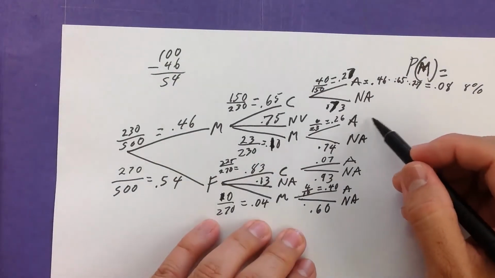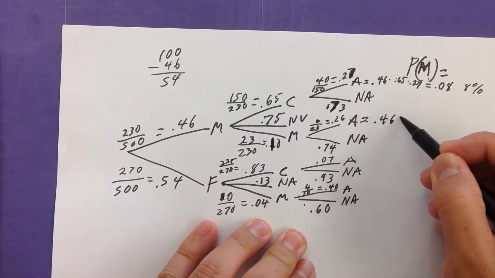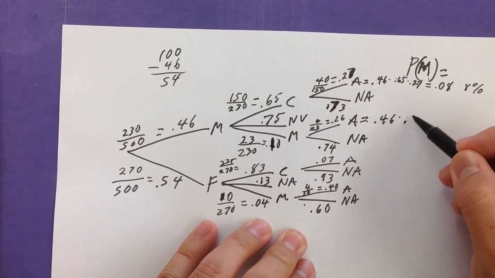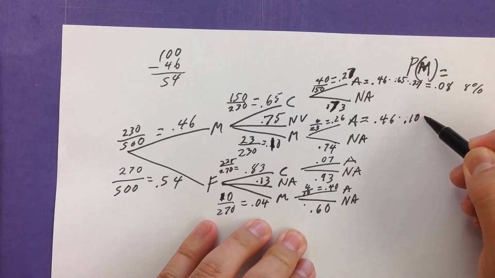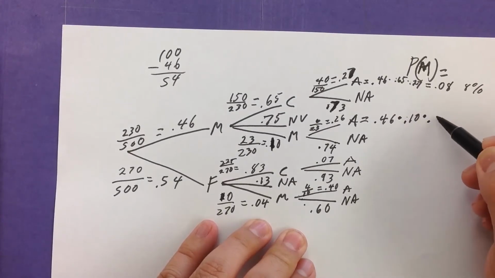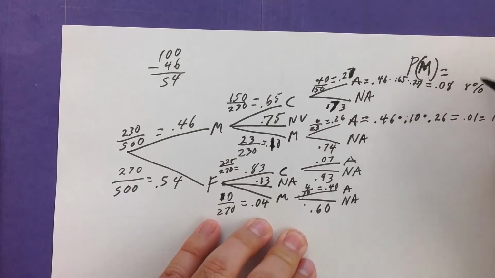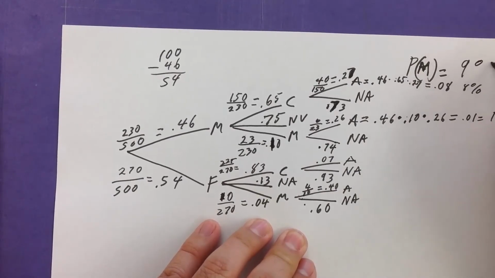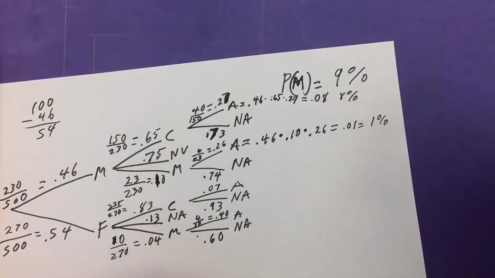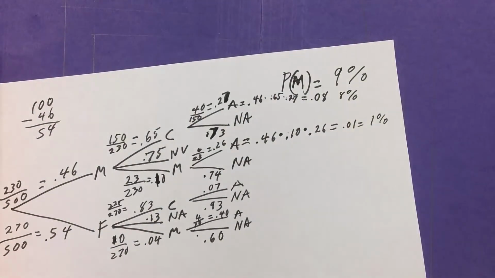Also, we do that for the motorcycles. So that's 0.46 times 0.10 times 0.26. That gives us 0.01 or 1%. So all that together is 9%. So 9% that a male will get into an accident.